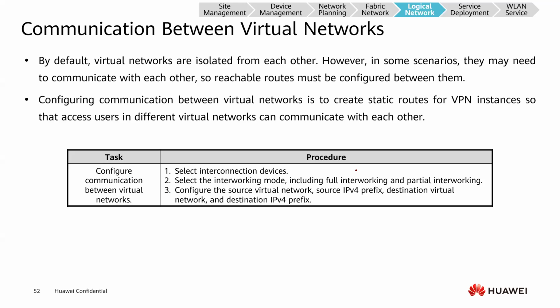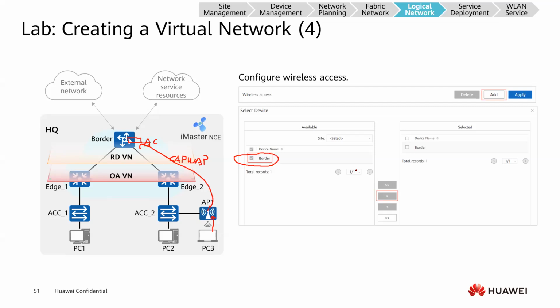So till now, you have just created the VNs. After you create the VNs, you will find that you have finished the whole configuration about the BGP EVPN.